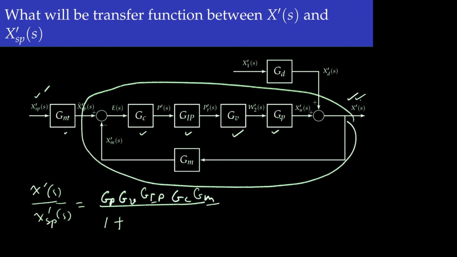So meaning that all the transfer functions within the loop. Okay, so that will be this one, this one, this one, this one, and this one. So we have again GP, GV, GIP, GC, GM. Remember that in the denominator this was included and in the numerator this was included.